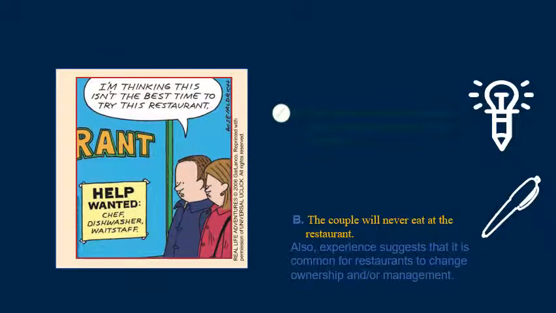Option B is not logical enough to conclude that the couple will never eat at the restaurant. Also, based on our experience as readers, if we find a help wanted announcement, it suggests that it is common for a restaurant to change ownership or management, which causes it to be understaffed. So this one is not logical.